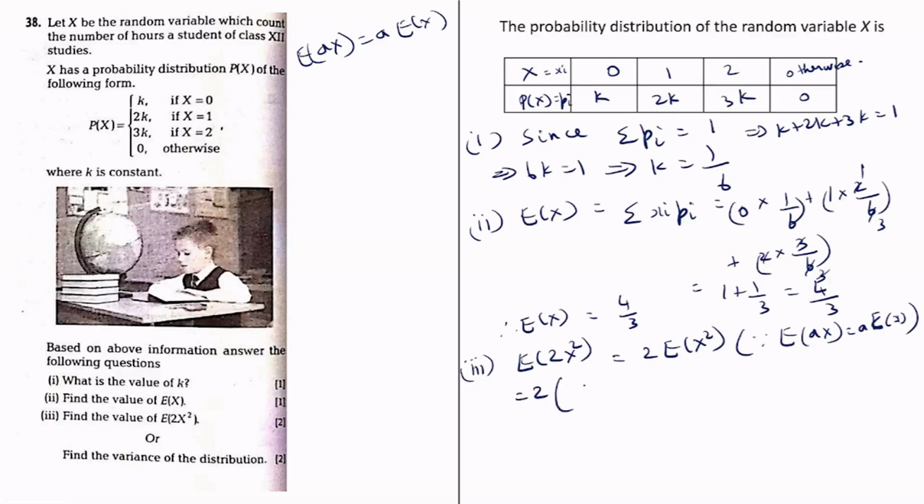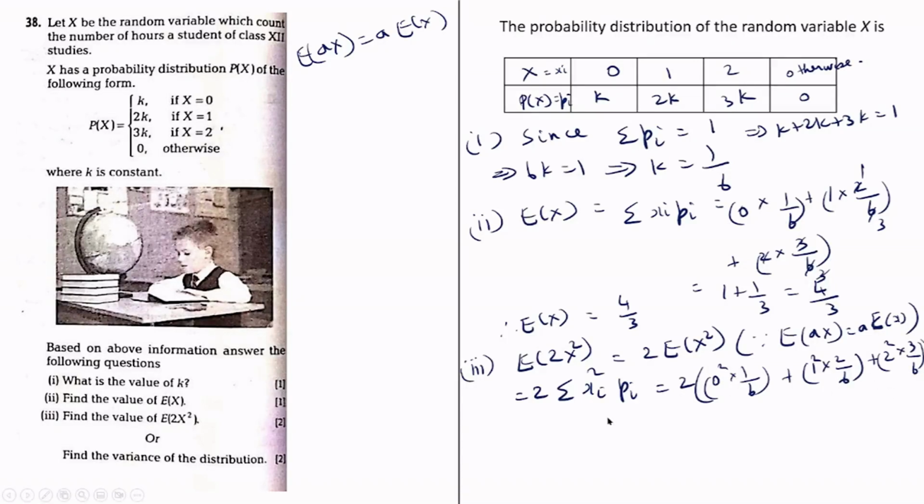So this is 2 into sigma xi square pi. This is 2 into 0 square into 1 by 6 plus 1 square into 2k, 1 square into 2 by 6 plus 2 square into 3k, 2 square into 3 by 6.